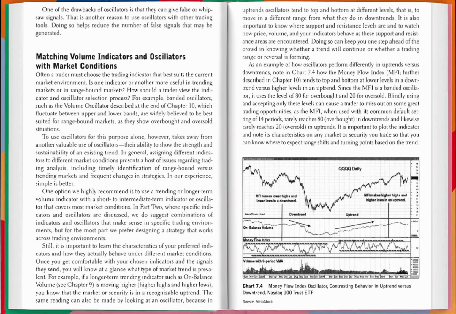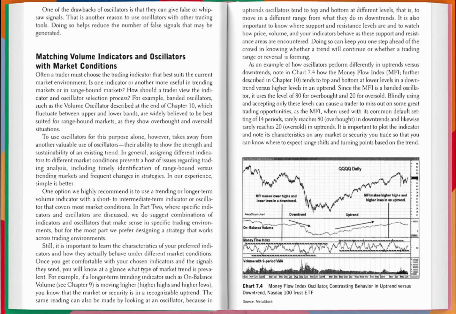As an example of how oscillators perform differently in uptrends versus downtrends, note in Chart 7.4 how the Money Flow Index, MFI, further described in Chapter 10, tends to top and bottom at lower levels in a downtrend versus higher levels in an uptrend. Since the MFI is a banded oscillator, it uses the level of 80 for overbought and 20 for oversold.